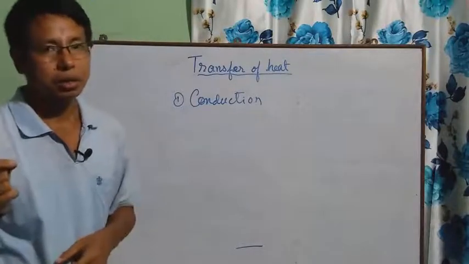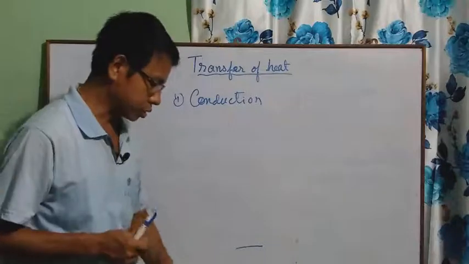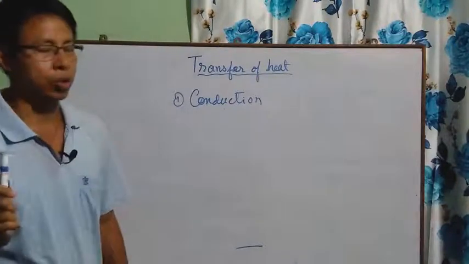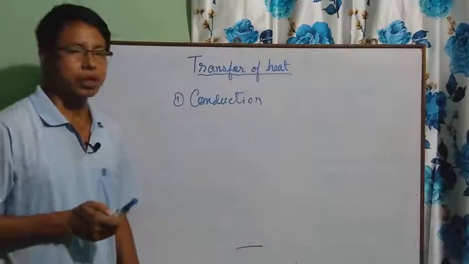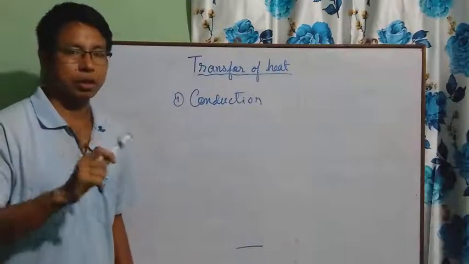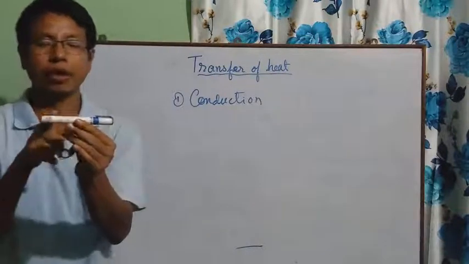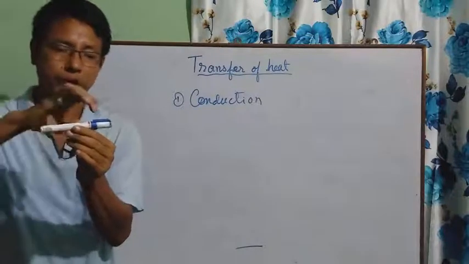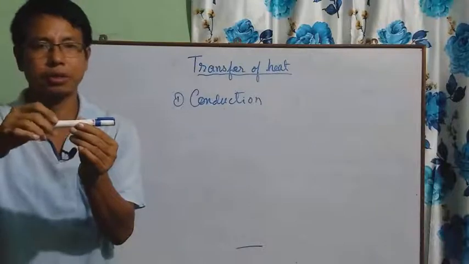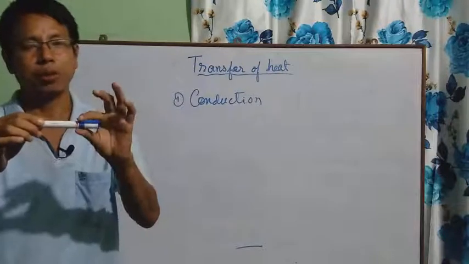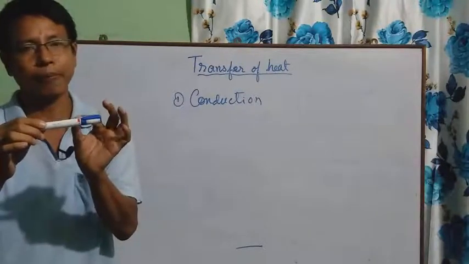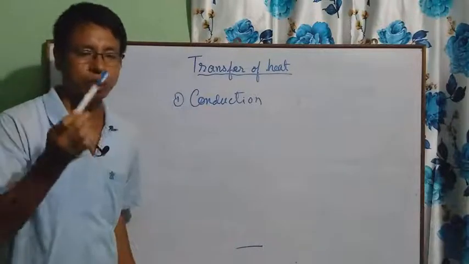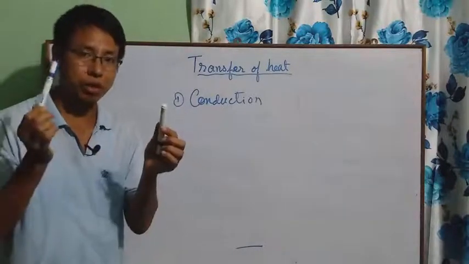There are mainly two conditions for conduction of heat to take place. Number one is that the particles should be in contact with each other. Like in this iron rod, the particles are in contact within the same object. But transfer of heat also takes place from one object to another object by conduction.